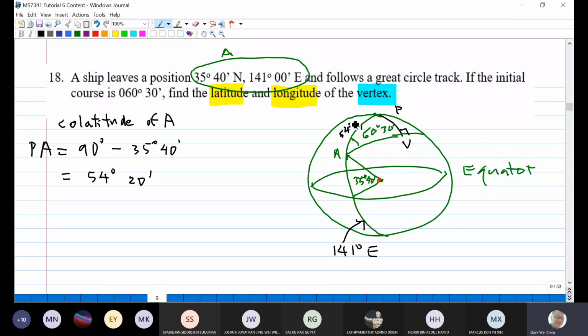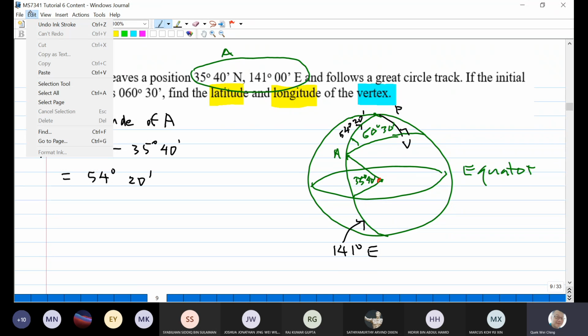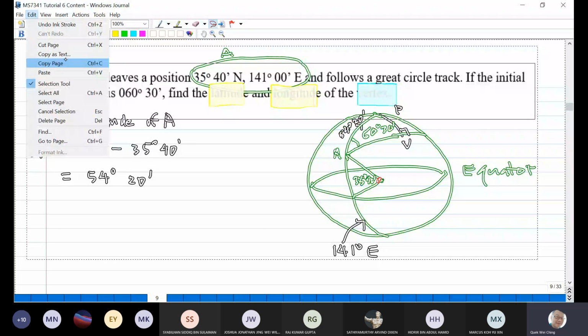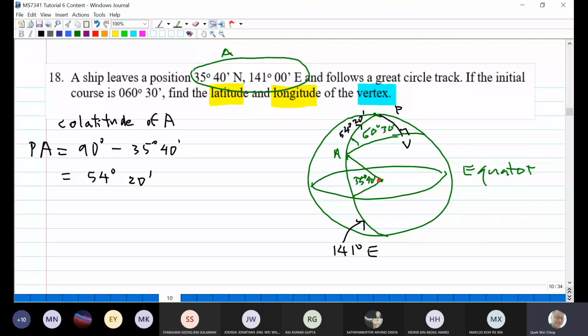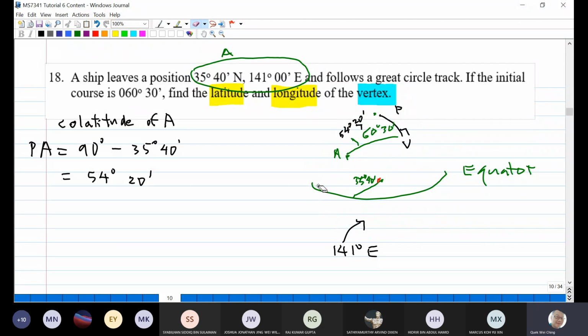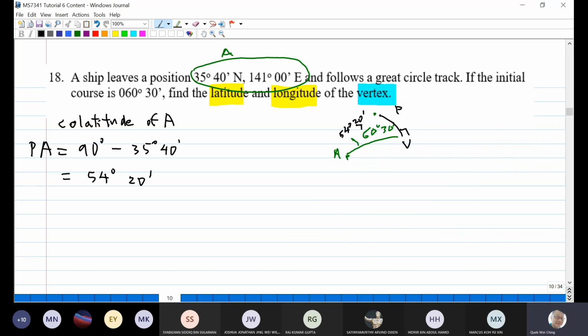Then we're going to redraw the triangle again, so let me erase all these things now.